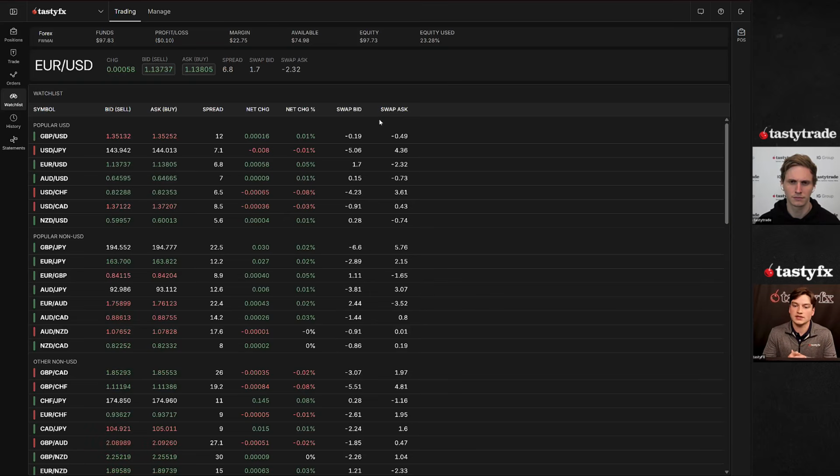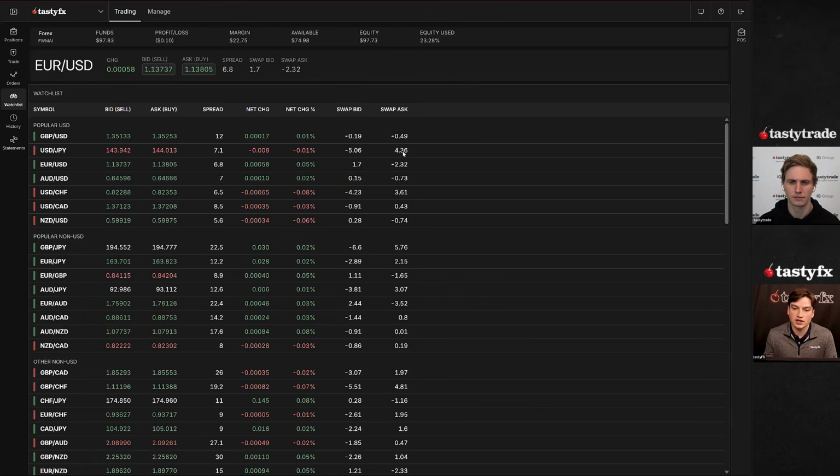What that means is that you are subject to the refinancing of these positions because you're buying one currency and selling the other. A big factor behind that is the overnight interest rates of each currency. And that can give you the opportunity to be debited every night for your position or even credited.